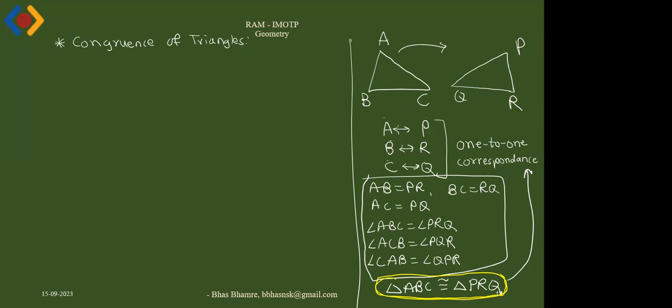A triangle has six elements, which are basic or fundamental elements of it, namely three sides and three angles. So when we say that all three sides of one triangle are equal to all three sides of the other triangle, and all three angles of the first triangle are correspondingly equal to all three angles of the other triangle, then those two triangles are congruent.